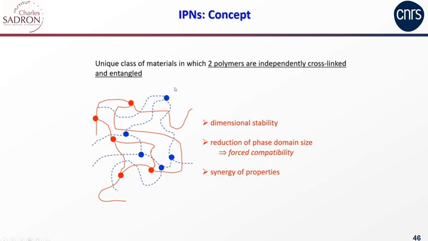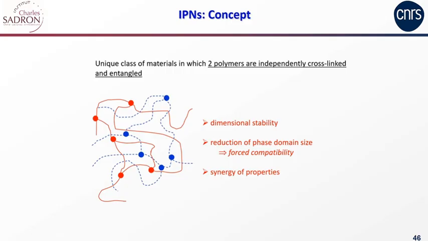So the advantage is they provide a high dimensional stability. We force the compatibility by cross-linking the two partners. We force the compatibility, and by forcing the compatibility, we reduce the phase domain size. And so eventually, we have a synergy of properties.